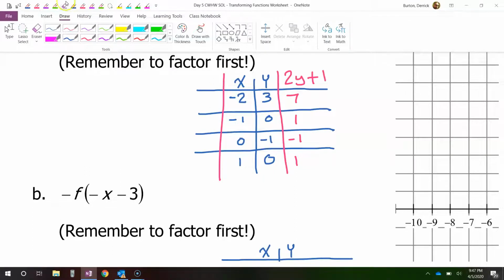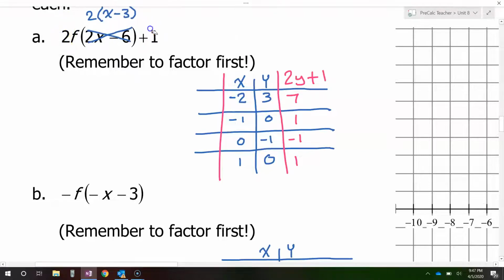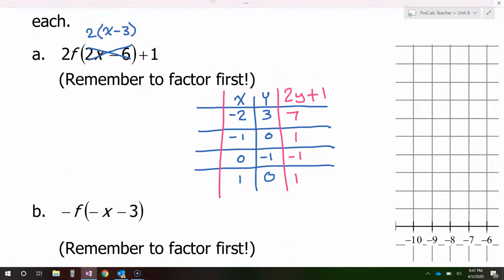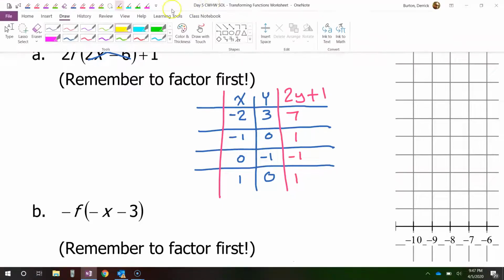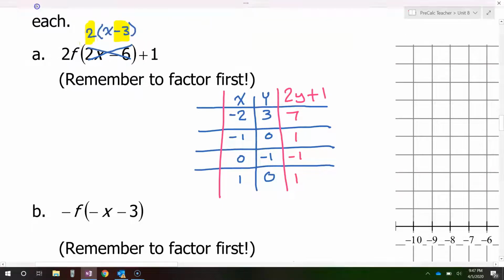Now, for the new x values, I look at what's going on inside the function. So here are the 2 transformations that are happening inside the function. Be careful though, everything that happens inside the function is the opposite of what it looks like.